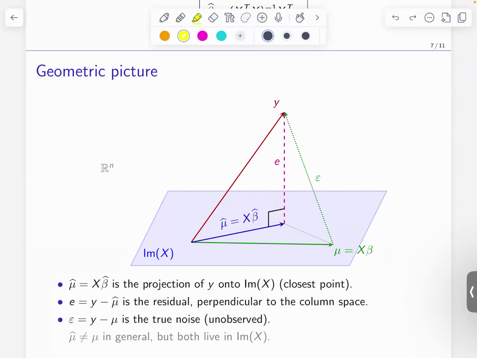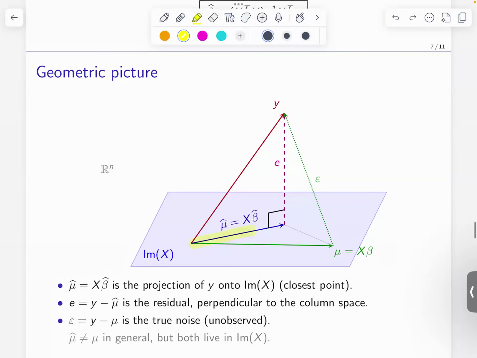I just observe y. And because I know the actual mu is in the image, the best I can hope is that if I find the closest vector in the image, which happens to be this mu hat, then I'm going to be close to mu. It's not going to be perfectly equal to mu, but it's the best I can do. And if you find that closest vector, then you know that the error is going to be orthogonal to the image, and the sum of them gives me y, and this angle is going to be a right angle.